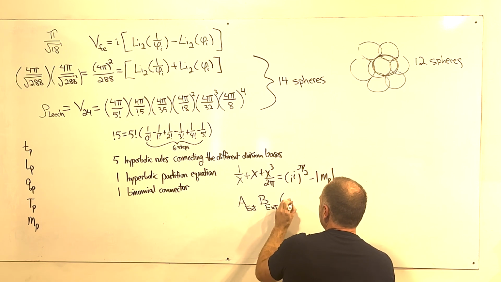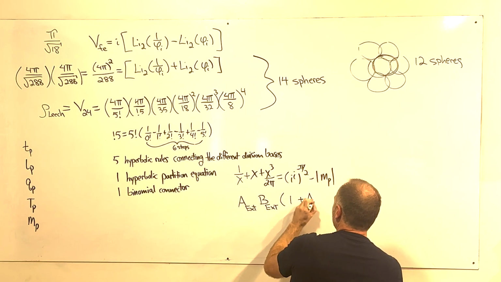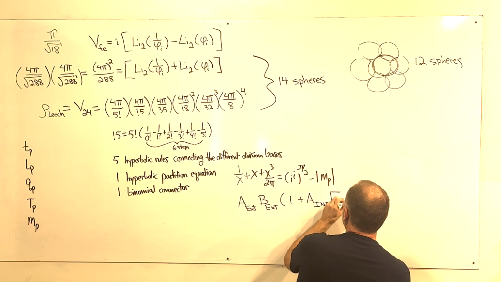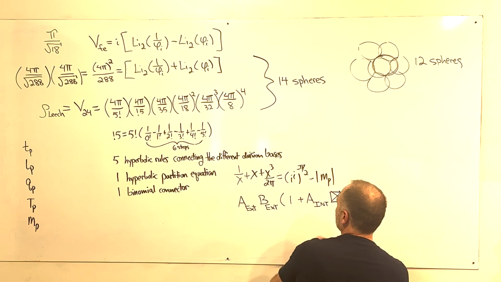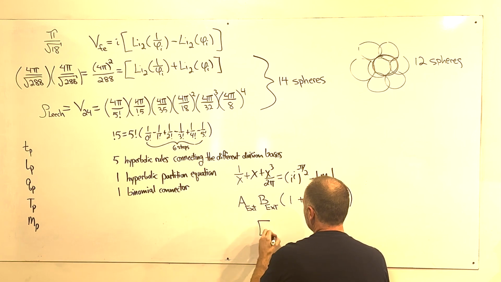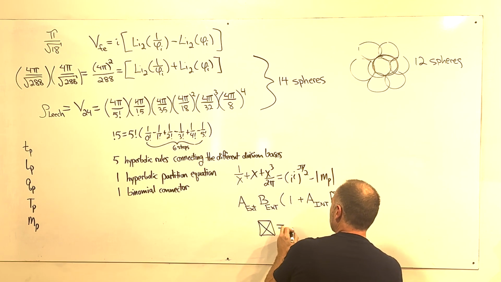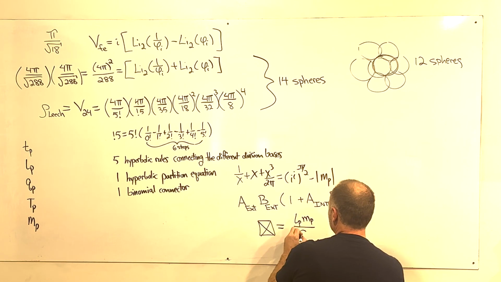And that's going to be multiplied by 1 plus some other action on the inside, interior, and fixed set of inversion boundaries that everything in this balance inverts about. And that's just equal to the Planck length, and so the Planck mass over the Planck charge squared.